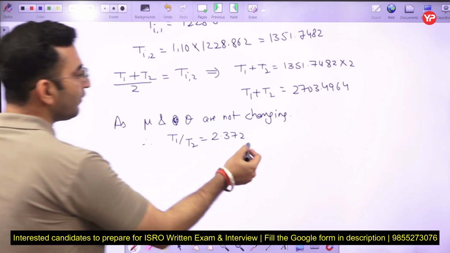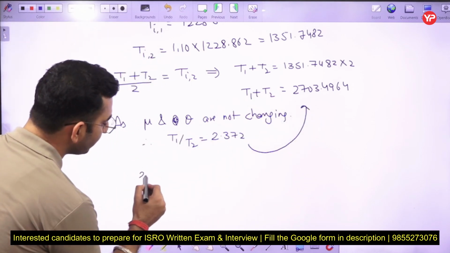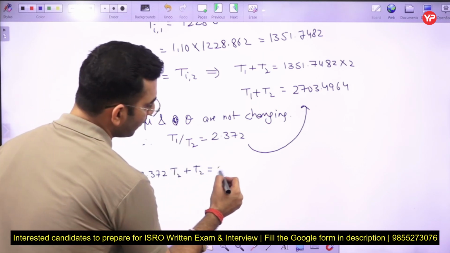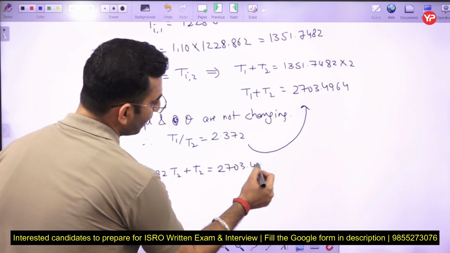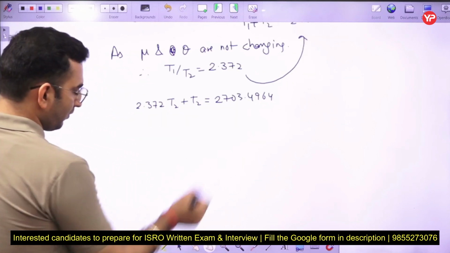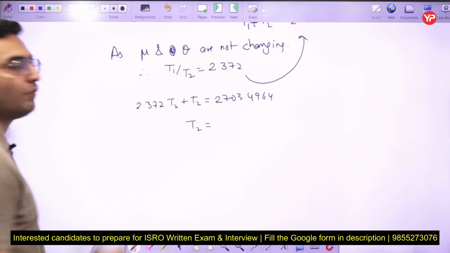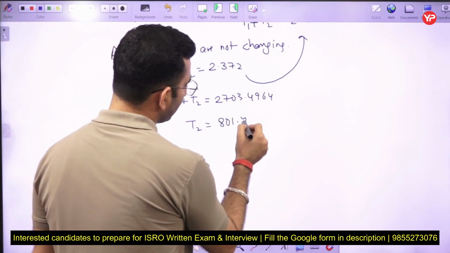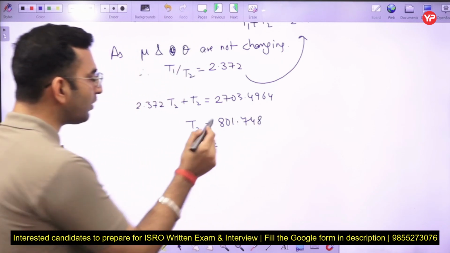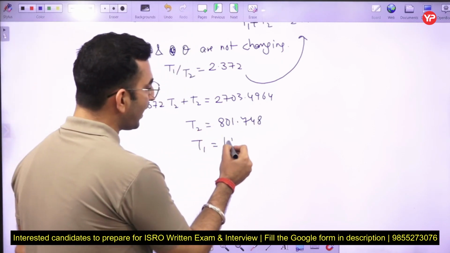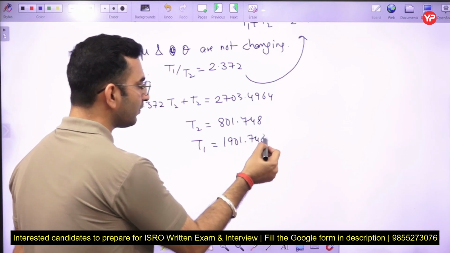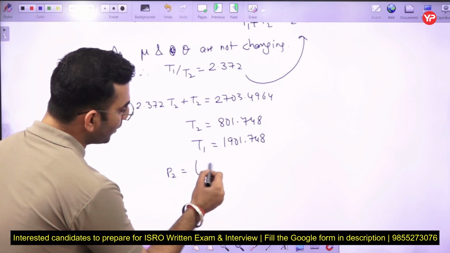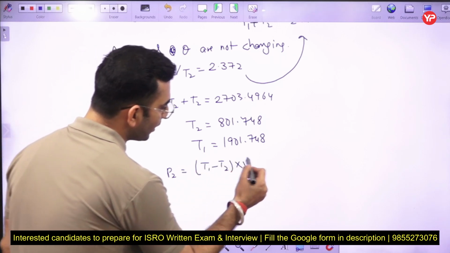Okay, and if I use this condition in this particular equation, you are going to obtain the value of T2. It is coming out to be around 801.748, and correspondingly the new T1, the tension on the tight side, will become 1901.748. Okay, so I can say the new power is going to be equal to T1 minus T2 multiplied by velocity here.